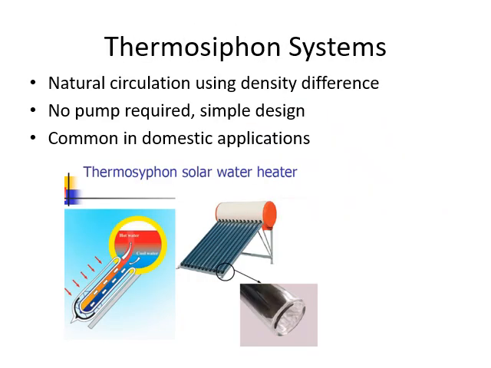Okay, now let us have a look at the thermosiphon system. For the thermosiphon system, there will be a storage tank, and the water collector tubes are inclined to absorb the sun's irradiation.